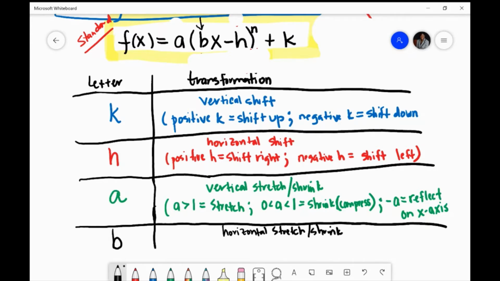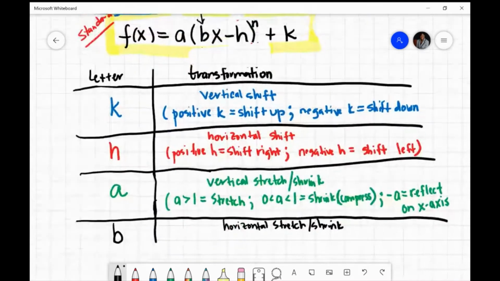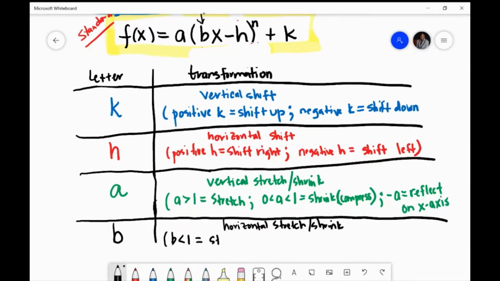Just write this down. If B is greater than 1, it's a stretch. If B is between 0 and 1, it's a shrink or a compress. And you may know this one, though.